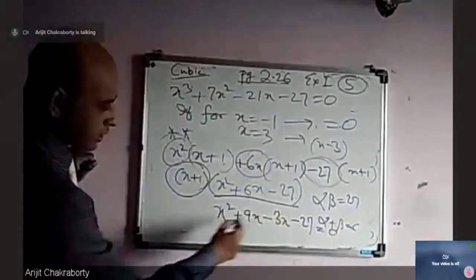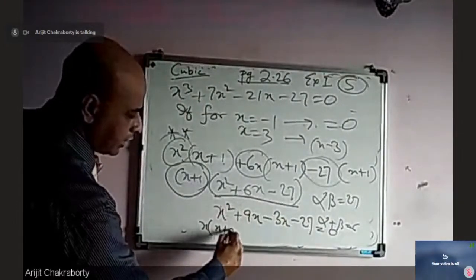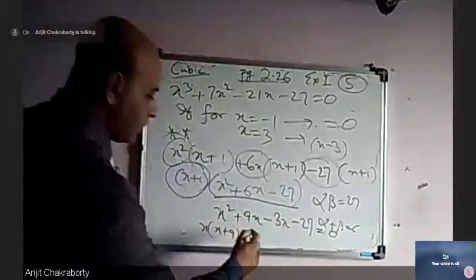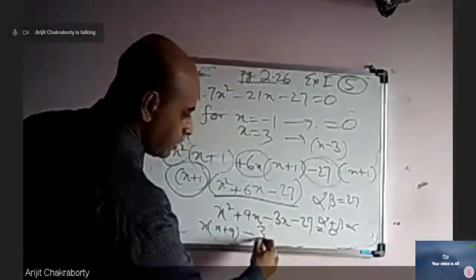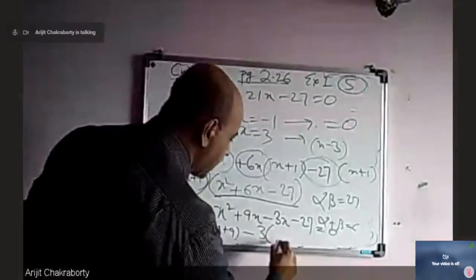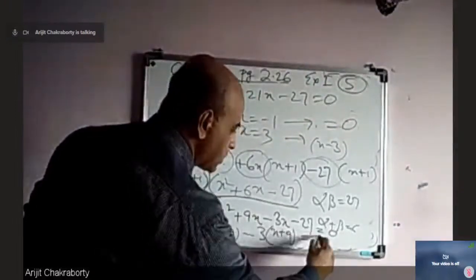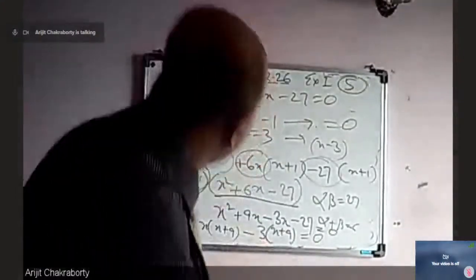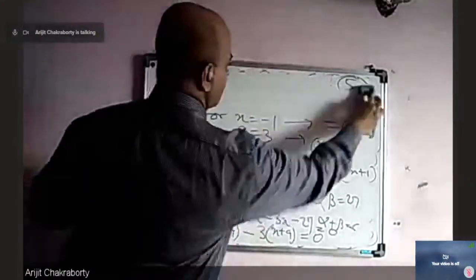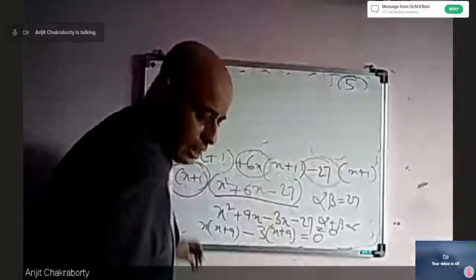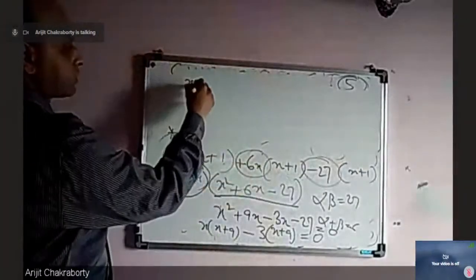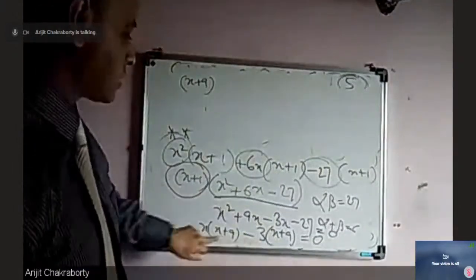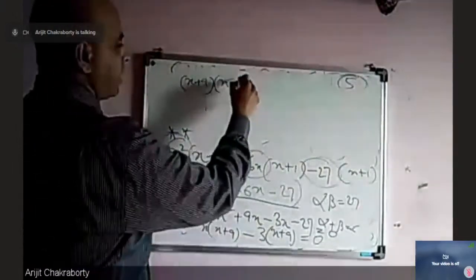That means x into x plus 9, I am taking x common from both. So x into x plus 9 minus 3, I take 3 common. So I have x plus 9 again. This is equal to 0. So the factors become x plus 9 and x minus 3.